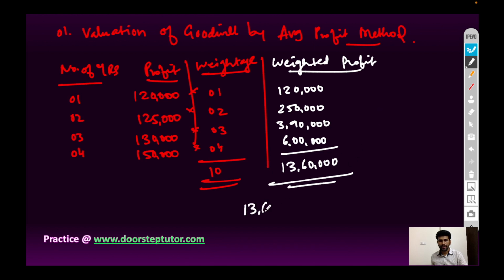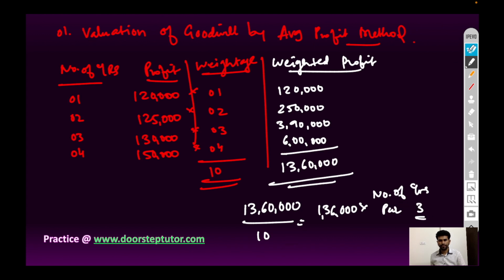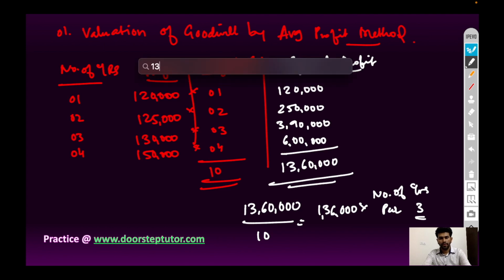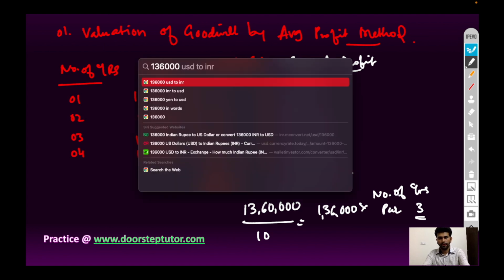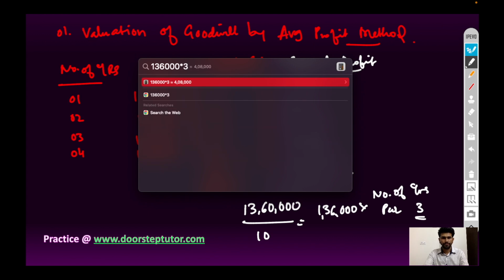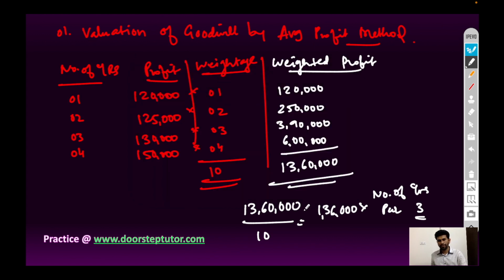So 13,60,000 rupees divided by 10 is 1,36,000 rupees. Now we will multiply the weighted average profit with number of years purchased, that is 3 years. 4 lakh 8,000 rupees. 4,08,000 rupees is the amount of goodwill.